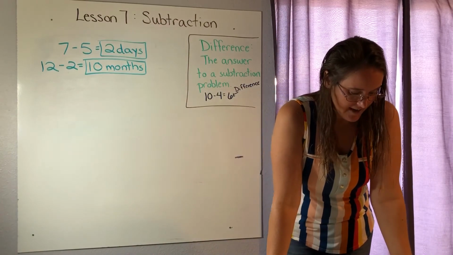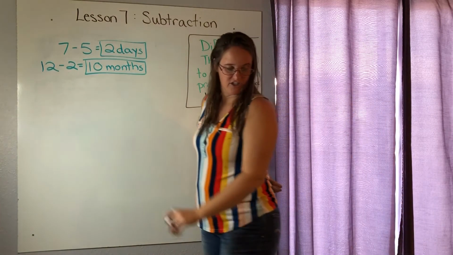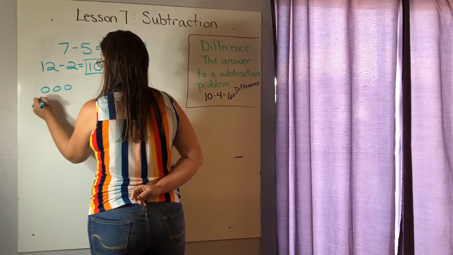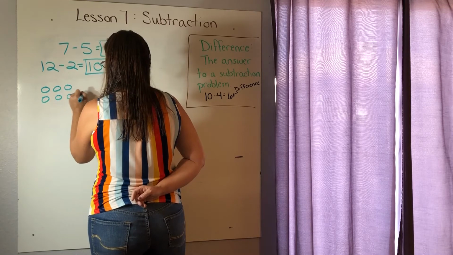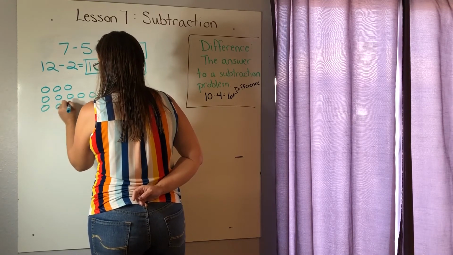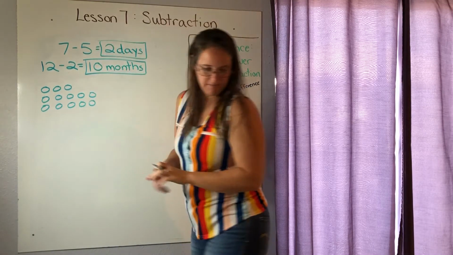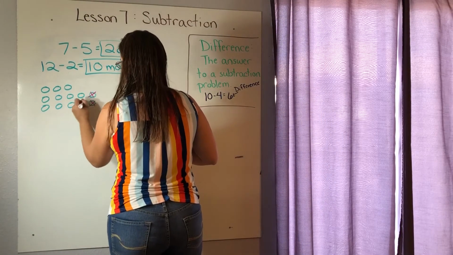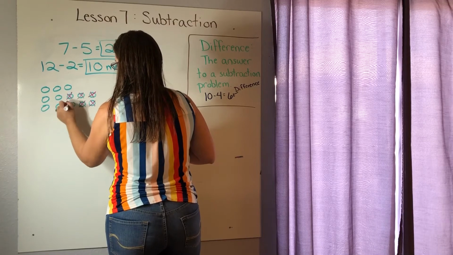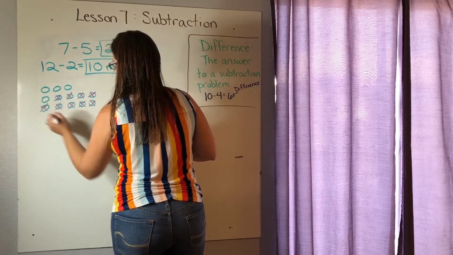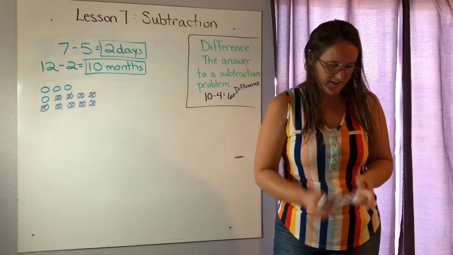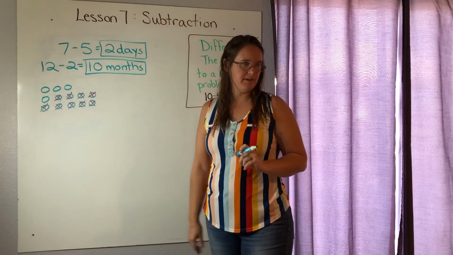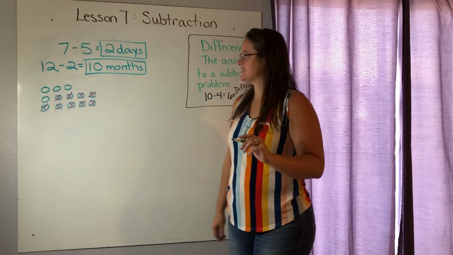Okay? Use words and numbers to write the subtraction shown. So they have that many marbles, and they've crossed out that many marbles. And they want us to write words and numbers to show this picture. So let's start with numbers.